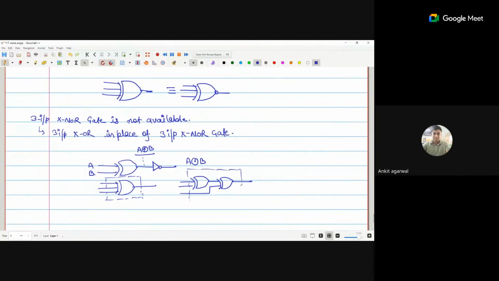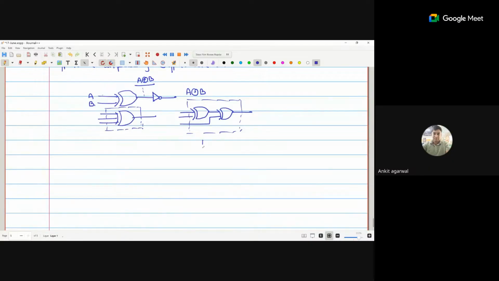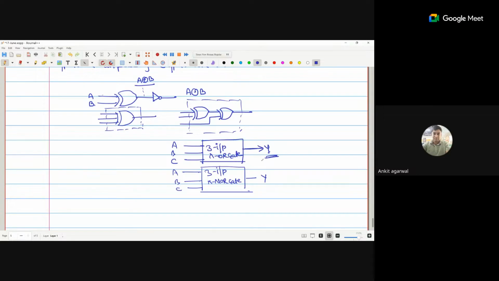We can represent this as a block diagram of a 3 input XOR gate, where 3 inputs A, B, C are given and the output is Y. This output is similar to using the 3 input XNOR gate, Y, A, B, C. Both are equal.